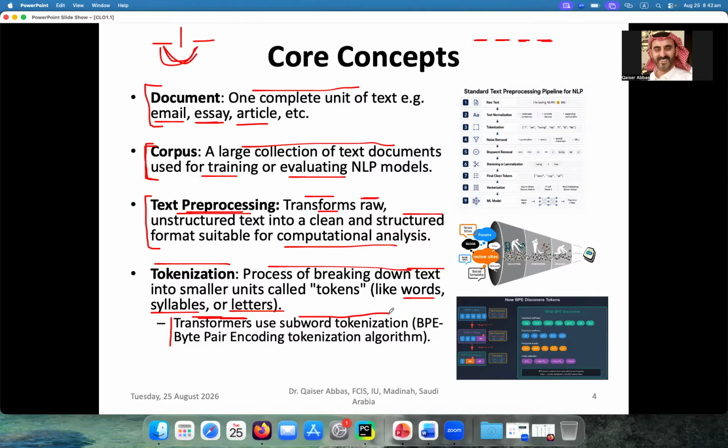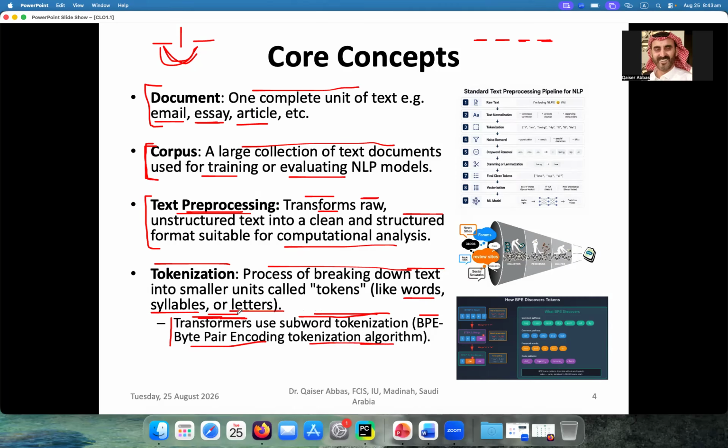What is subword tokenization? This is not the discussion here, but we want to get an idea. There is an algorithm called the BPE algorithm, byte pair encoding, and that is the tokenization algorithm that these transformers are using.